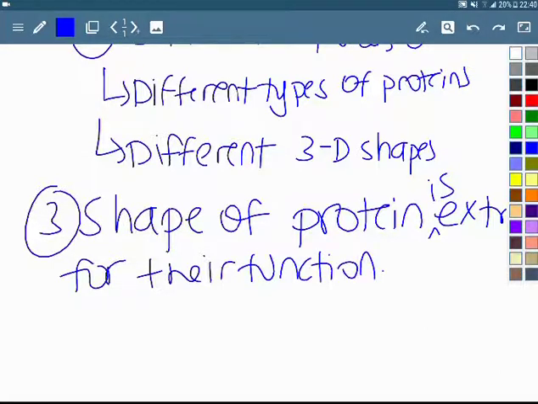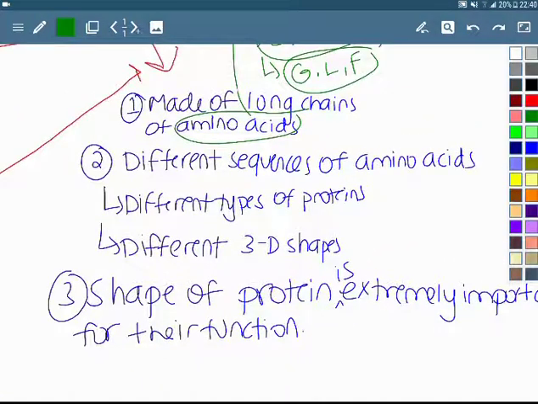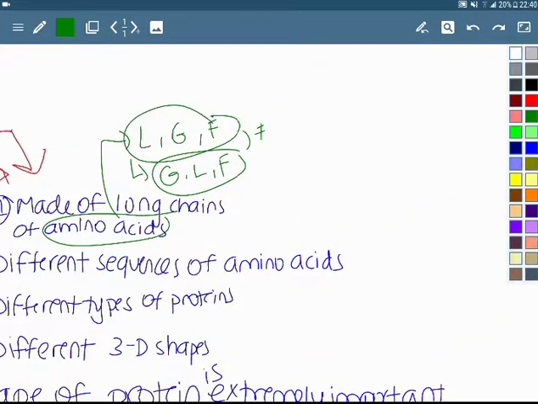Okay? Now, the chain of amino acids in a protein takes up, okay, so explaining this, the chain of amino acids in a protein takes up a particular shape. Okay, it takes up a particular shape.